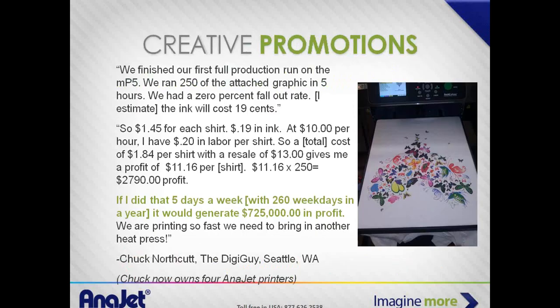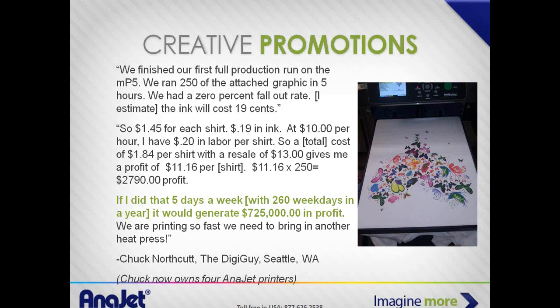Gentleman up in Seattle by the name of Chuck Northcutt, he talks here about a full production run that he did on the 5. 250 shirts like you're seeing there in the picture. Did that in 5 hours, no fallouts. Ink cost 19 cents per shirt. He takes that and adds it to $1.45 for the shirt.